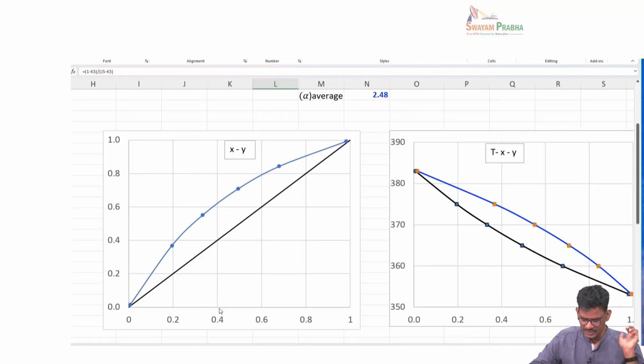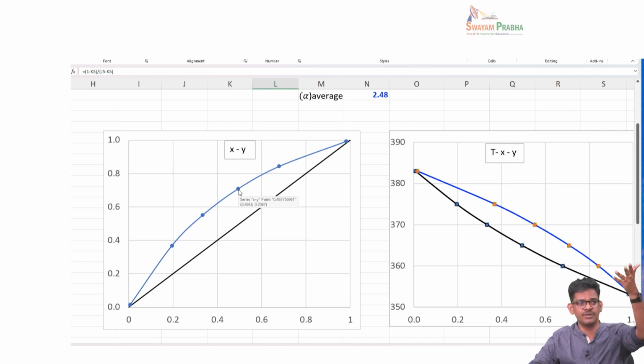So here we are plotting the relationship between component A's mole fraction in the vapor phase and in the liquid phase. If I take, for example, 0.5, it means that if I have a two-phase mixture with the liquid phase containing 0.5 mole fraction of A, then in the vapor phase the mole fraction of A will not be 0.5, it will be much more than 0.5, actually about 0.7, right.